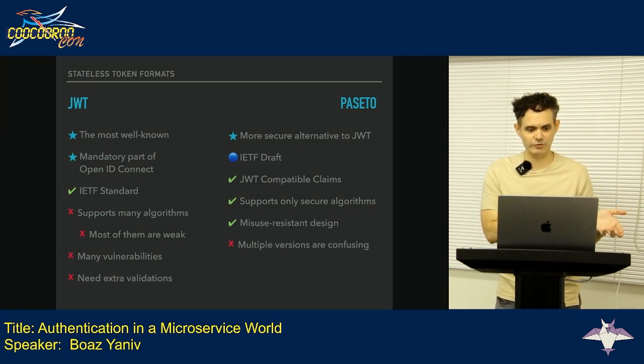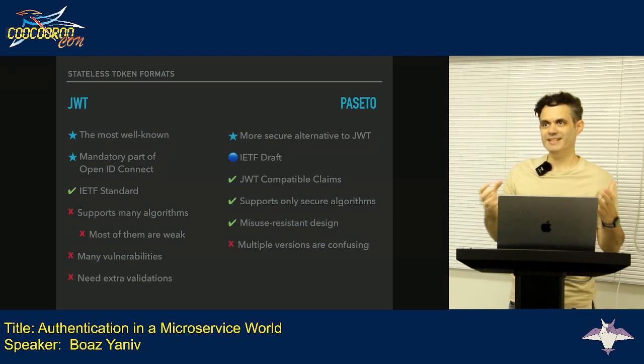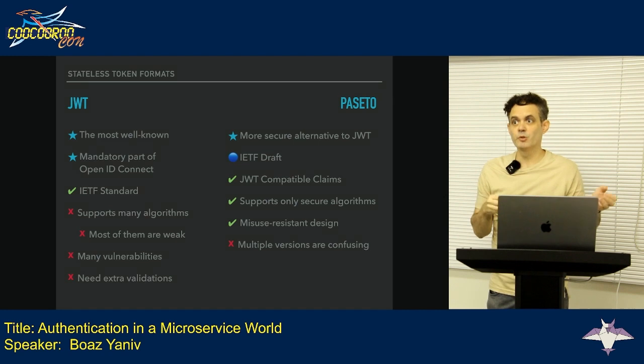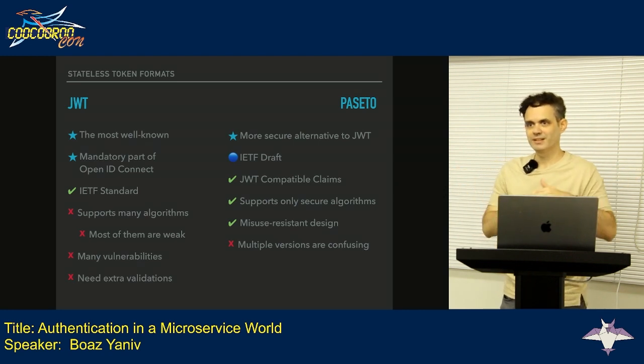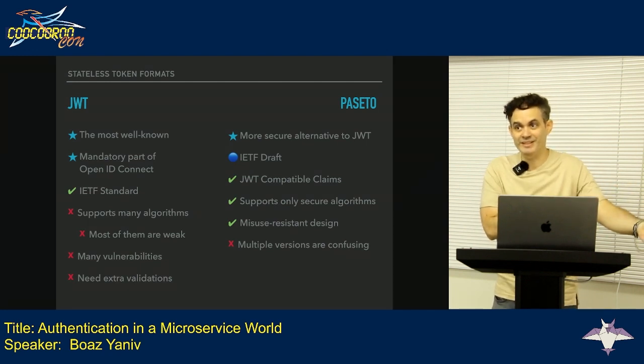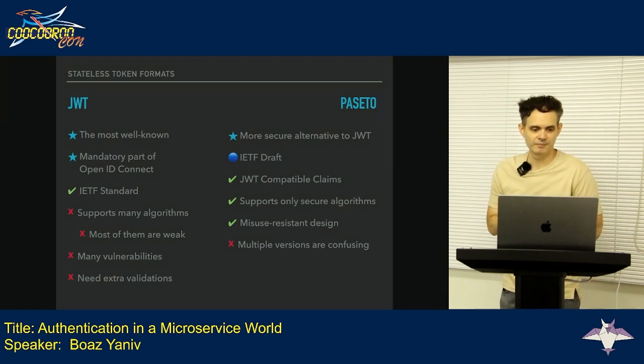If you have symmetric tokens, the only reasonable entities who can verify the tokens hold the key. So why make the token contents public? It's just introducing a weakness where there's no point. Yeah, you can make the token contents public so clients can read them, but it's no use because they cannot verify that the token is valid. So this is a bit of a weird choice that nobody else makes.